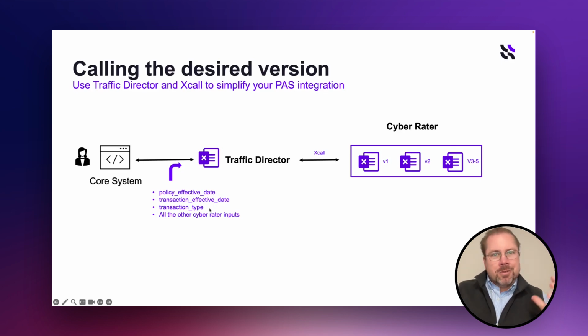The traffic director is just going to have a little decision table that says, oh, based on this transaction type and this policy effective date, I need to use version 4 of the cyber rater. So it calls version 4, gets all the outputs back, sends them back to the core system. Easy day.